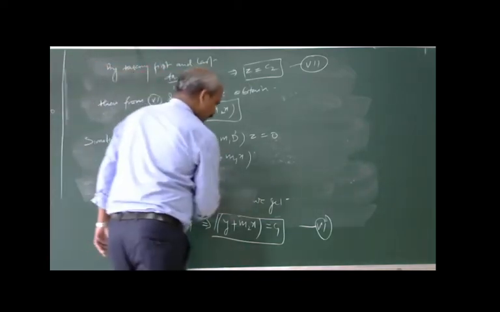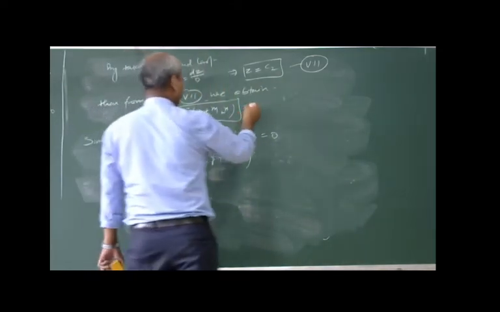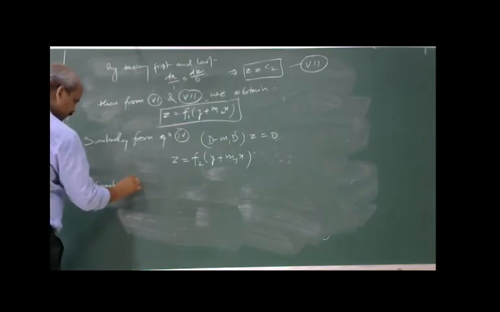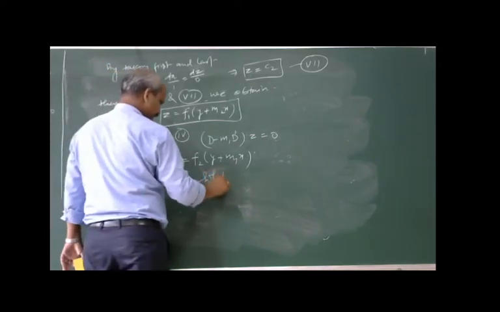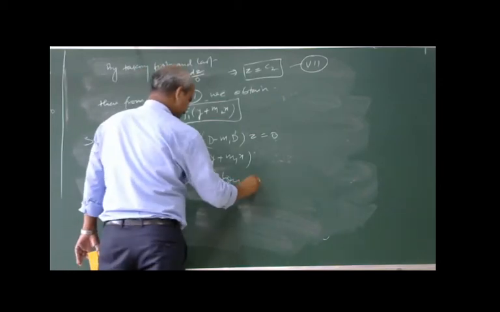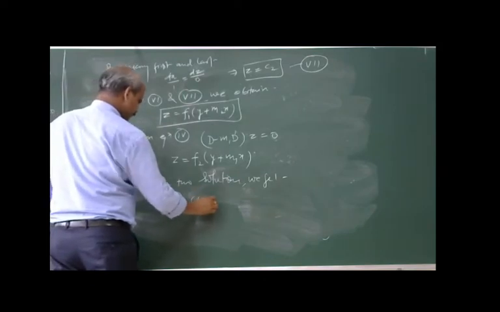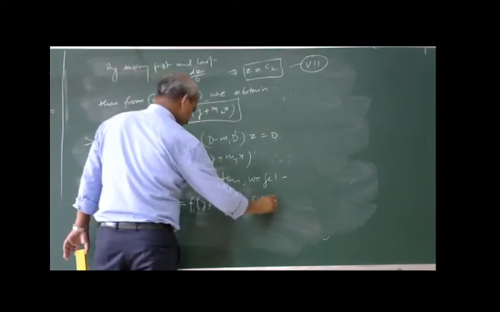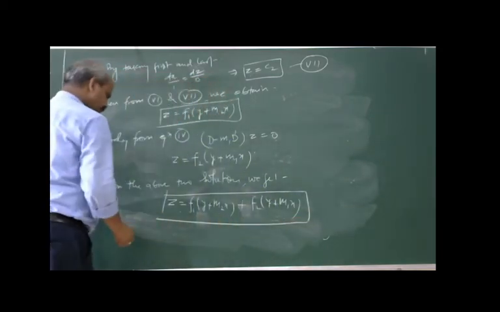So now combining these two solutions, we can write down, combining the above two solutions, we get z equal to f1 of y plus m2x plus f2 of y plus m1x. This is the complementary function.